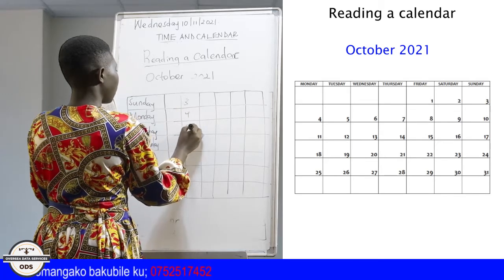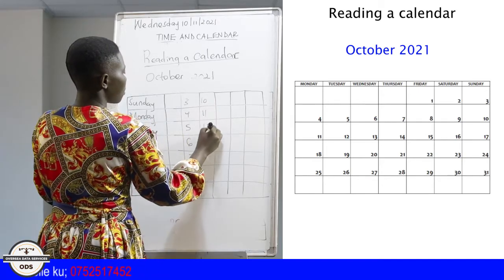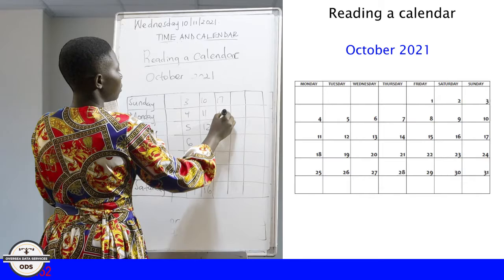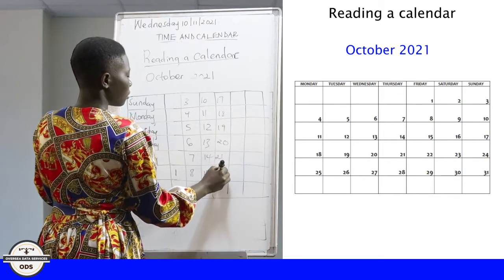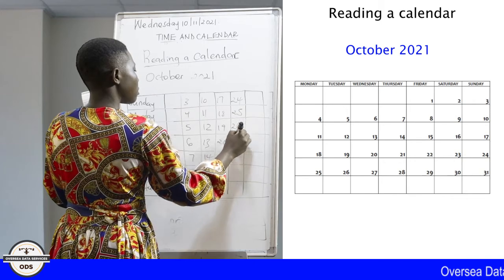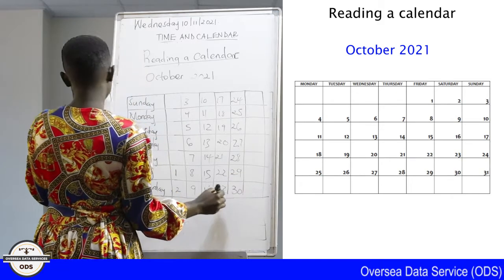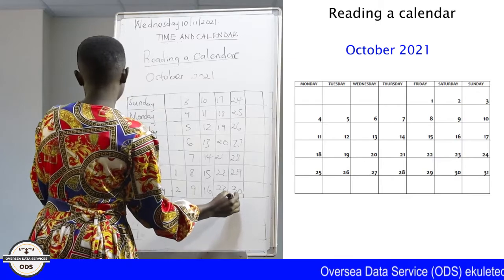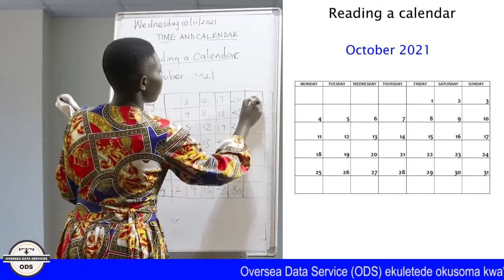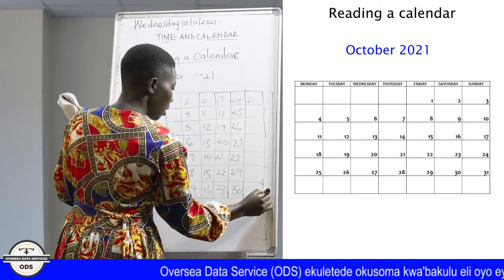We have 4, 5, 7, 8, 9, 11, 13, 14, 15, 16, 17, 18, 19, 20, 21st, 22nd, 23rd, 24th, 25th, 26th, 27th, 28th, 29th, 30th, and the 31st. Okay, that's our calendar here.